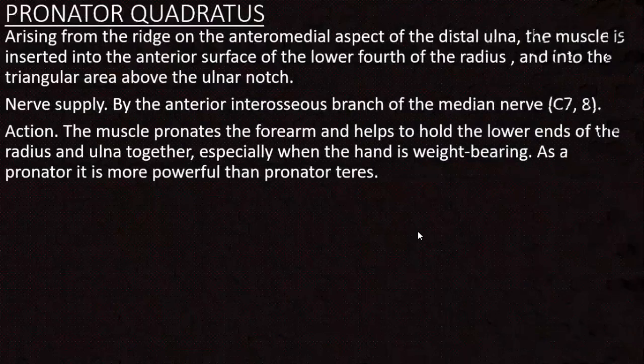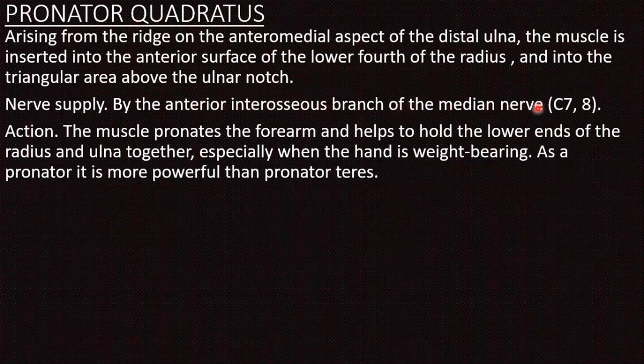Now, the last one, pronator quadratus, arises from the anteromedial aspect of the distal ulna. It is inserted into the anterior surface of the lower fourth of radius and into a triangular area above the ulnar notch, supplied by the anterior interosseous branch of median nerve.